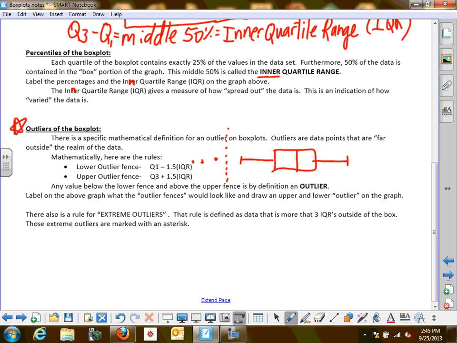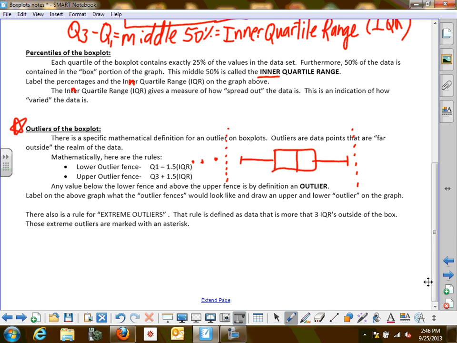You also have an imaginary upper fence, which we're going to find out and numerically calculate where that is. And if you have a piece of data on the other side of that, on the right side over here, then you have an upper outlier. If you do not, then you do not have an upper outlier. Okay? So let's figure out how to compute those fences.